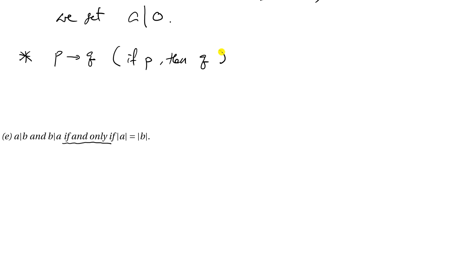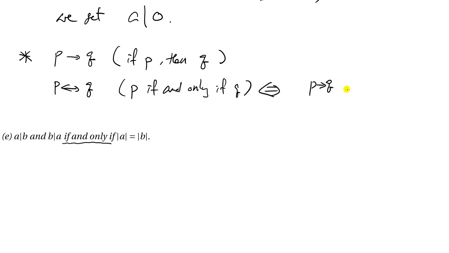So it's a conditional statement. Then P if and only if Q can be written this way, which means P implies Q and Q implies P.